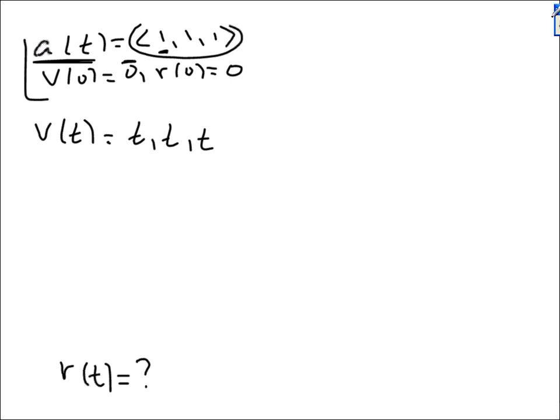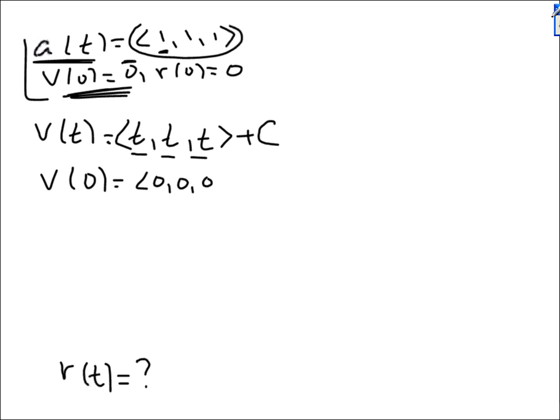The integral of 1 is still t, plus your constant. But they give us a way of finding the constant. They tell us something about v of our values. On one hand, v of 0 is 0, 0, 0 plus c, which is just c.